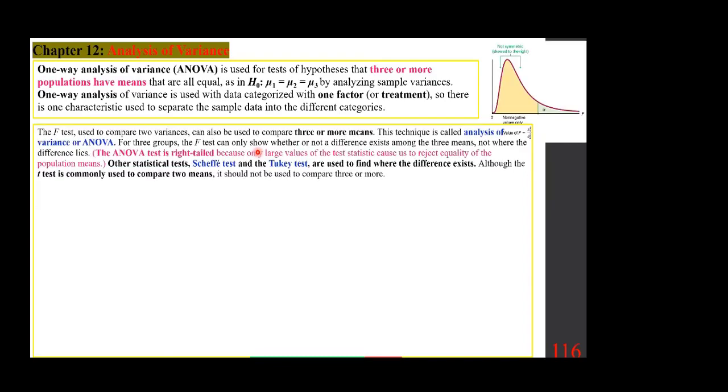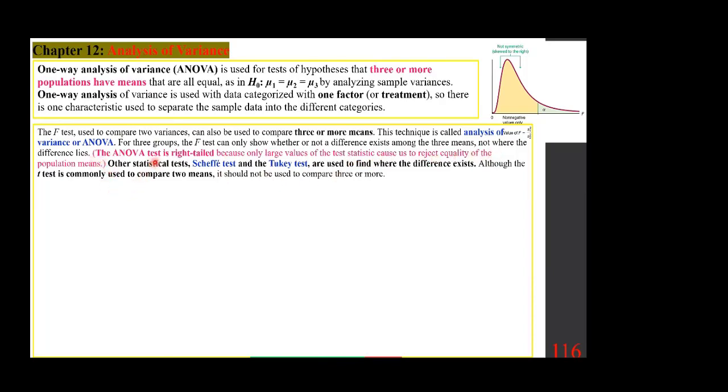The F test used to compare two variances can also be used to compare three or more means. The technique is called analysis of variance or ANOVA. For three groups, the F test can only show whether or not a difference exists among the three means, not where the difference lies.